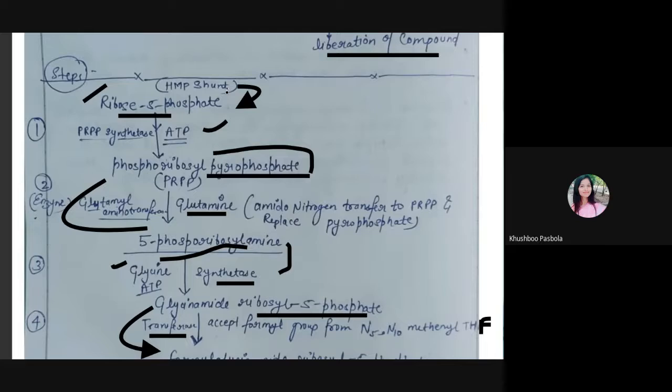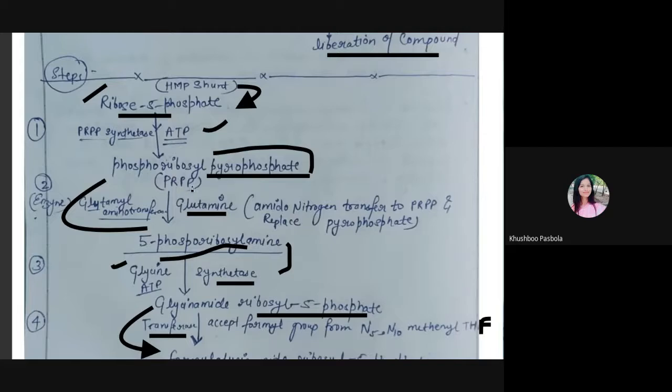You have ribose 5 phosphate sugar in your cells. This ribose 5 phosphate will undergo purine nucleotide synthesis, and the first step requires PRPP synthesis, because there is a formation of PRPP. So ribose 5 phosphate will convert into PRPP, that is phosphoribosyl pyrophosphate.